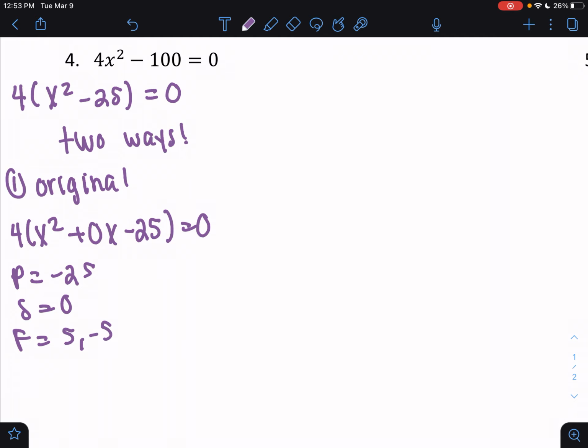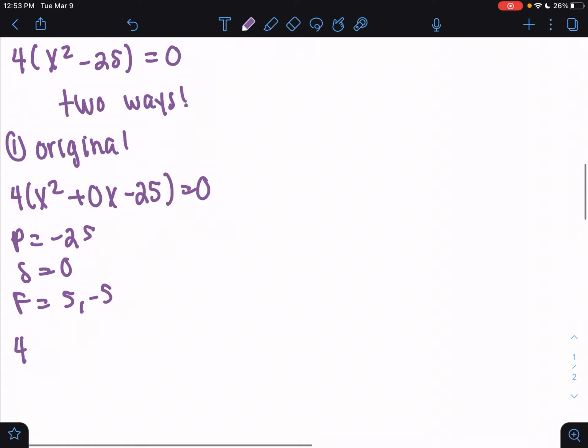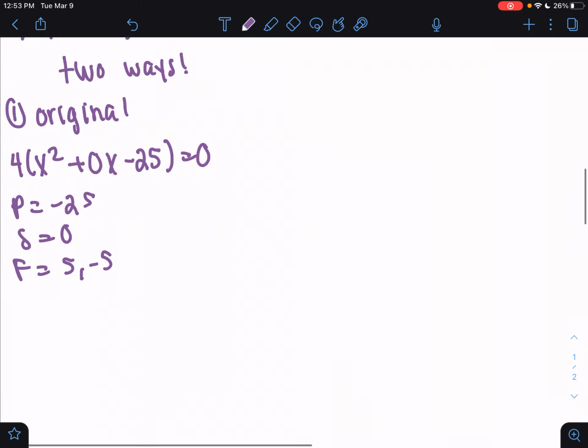And then we'll do our product, sum, and factors. Remember that for this one, you take the square root of 25, because this is a perfect square. And then we would do our box.